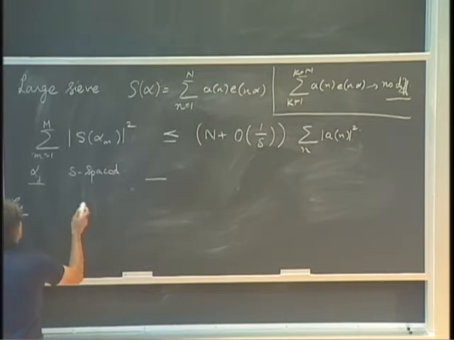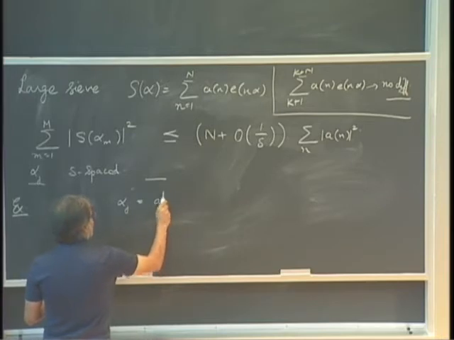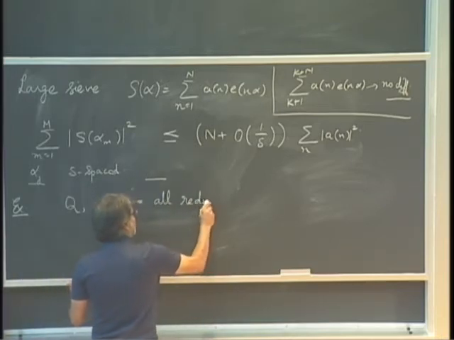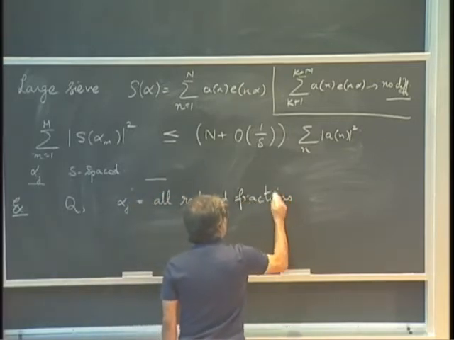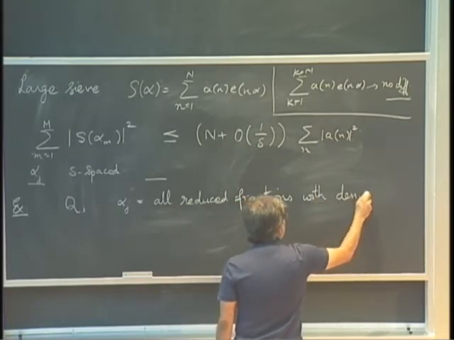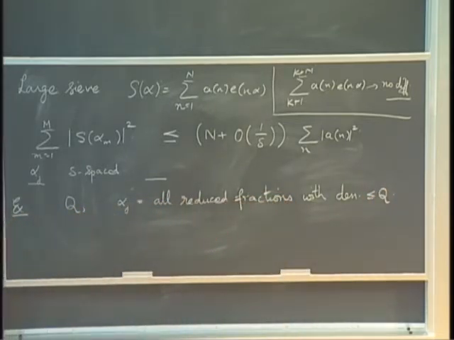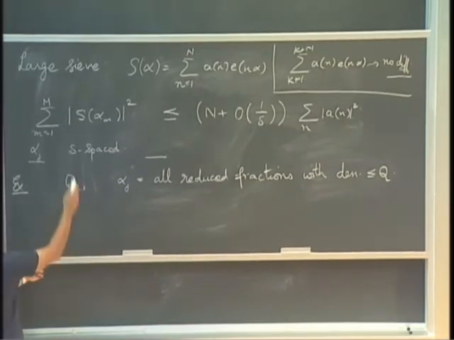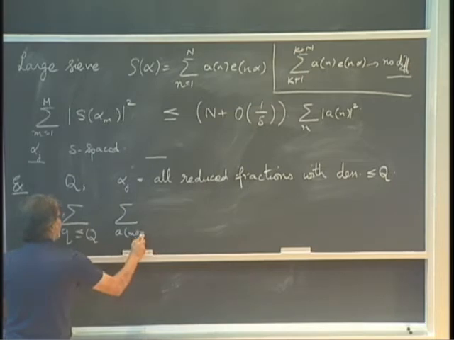I can fix a number Q and take alpha_j to be all reduced fractions in 0 to 1 with denominator less than Q. So in other words, I'm looking at a sum over q up to Q, and then a sum over all reduced residue classes a mod q.